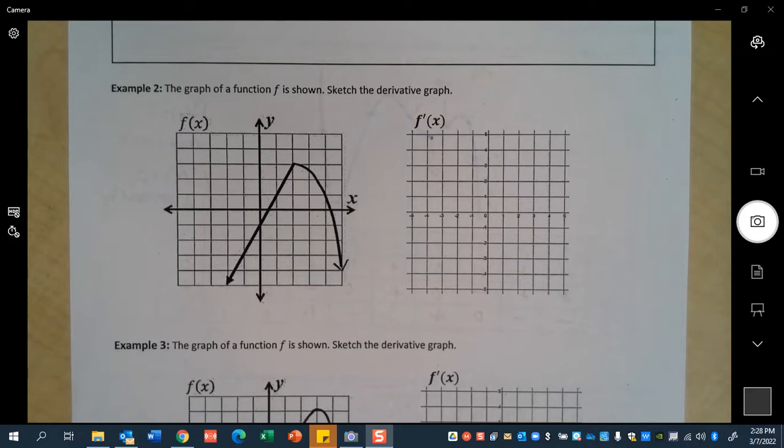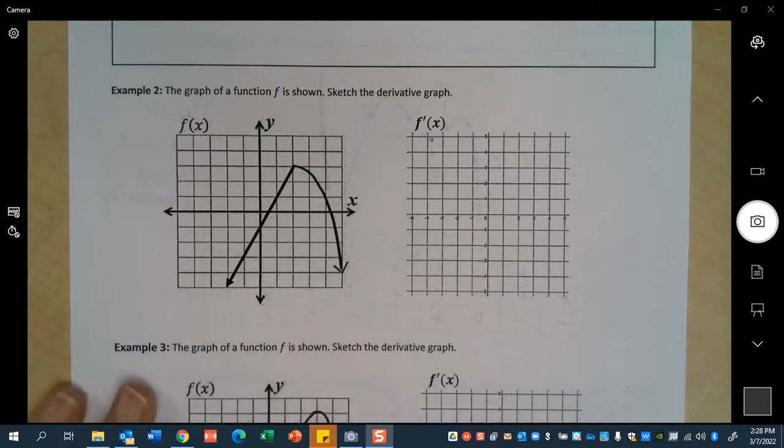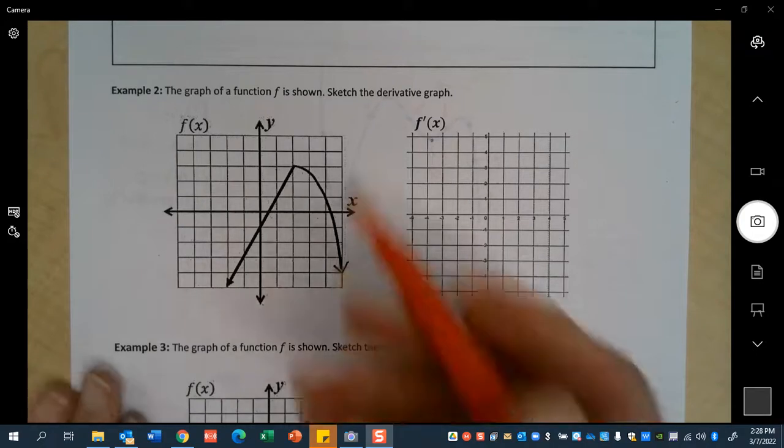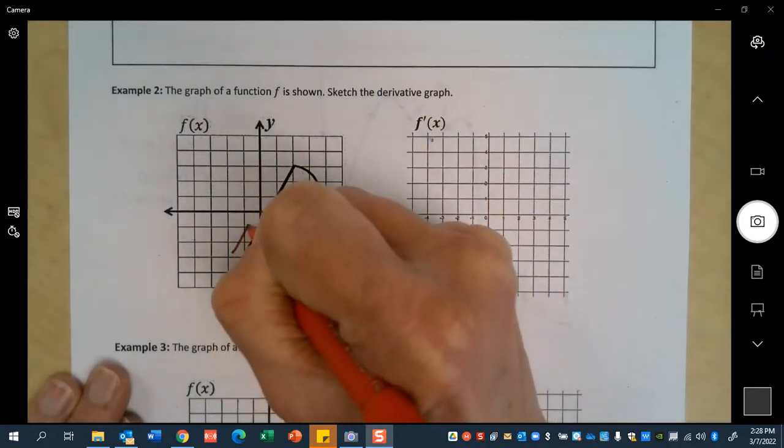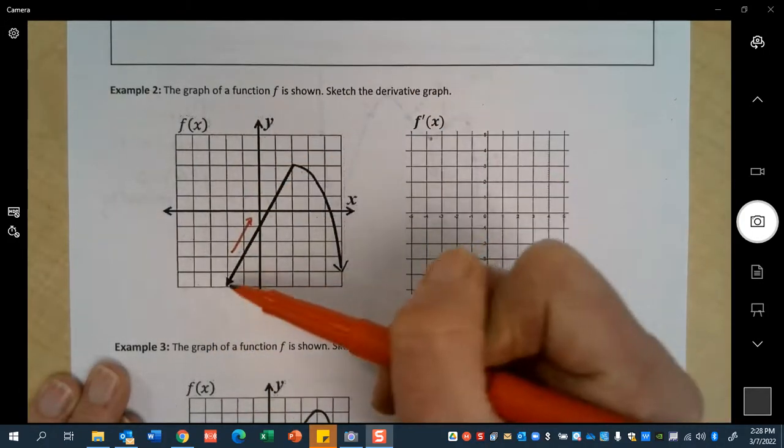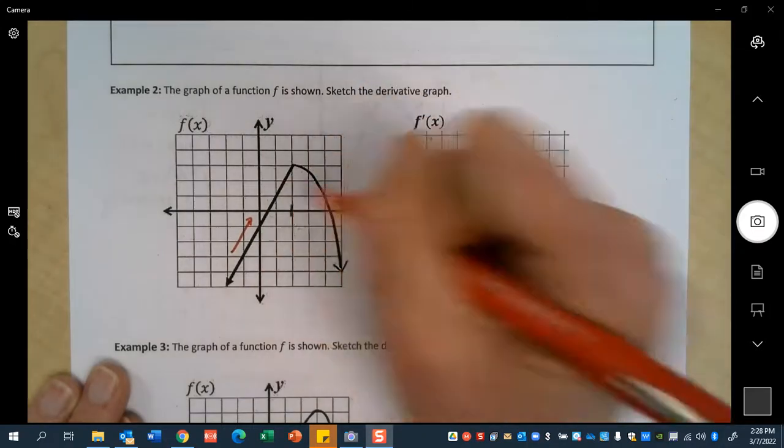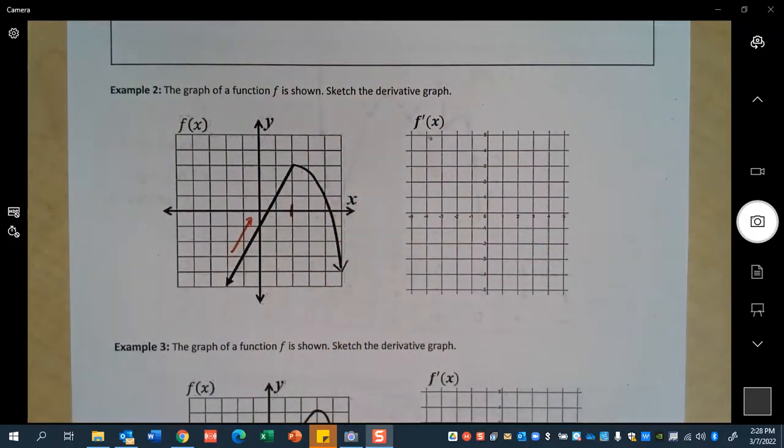All right, so let's take our original graph and let's talk first of all, what kind of graph is this first section from negative infinity up to x is equal to 2? What's happening there? I'm looking for, it's increasing at what kind of rate?